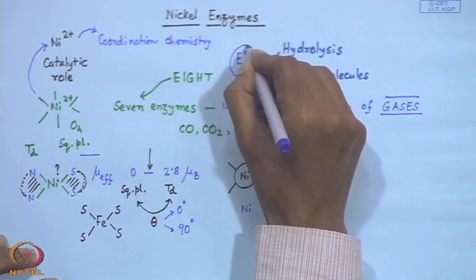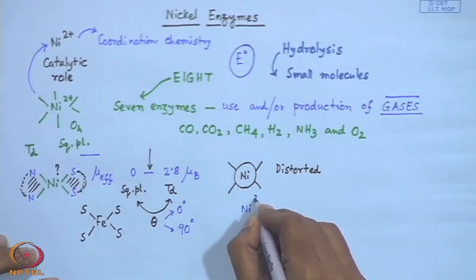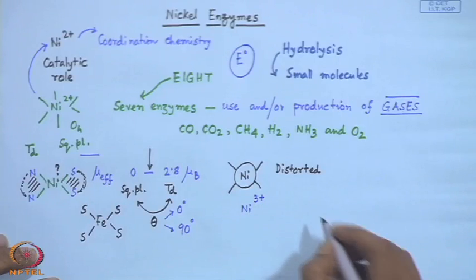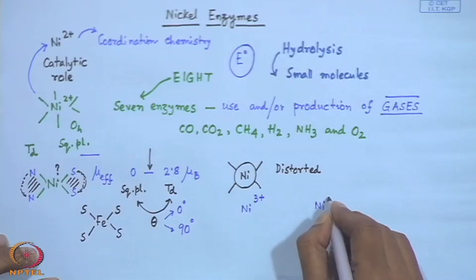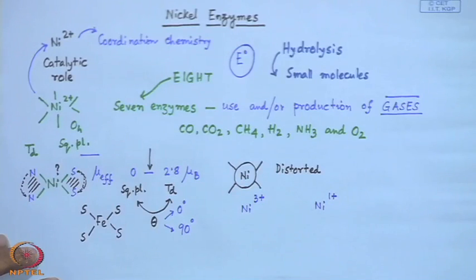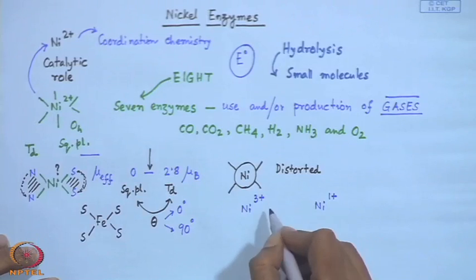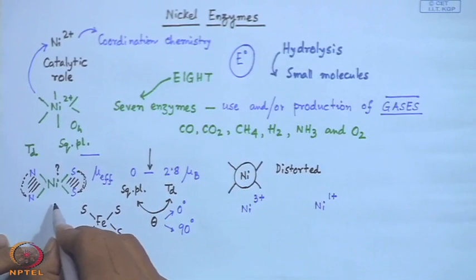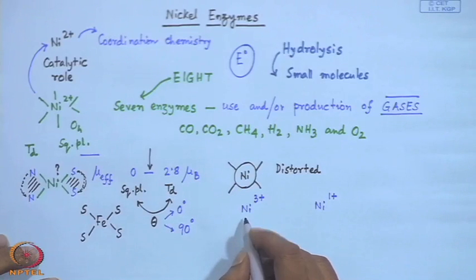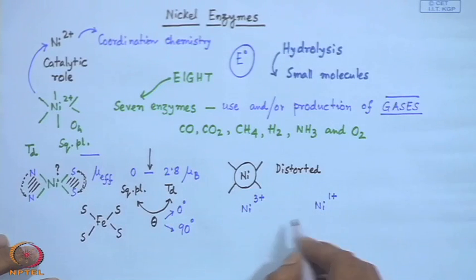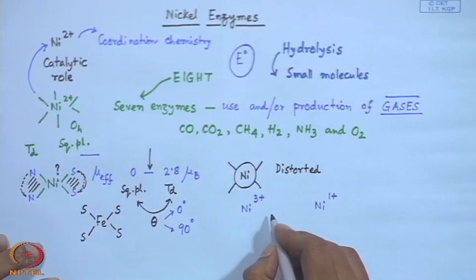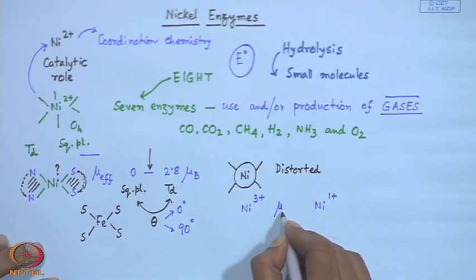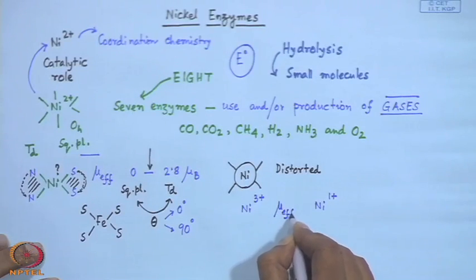But apart from that, because of the nickel's typical corresponding potential, the E0 value, it can go to 3 plus or it can reduce to 1 plus, whether some redox catalysis is operating or not. Like nickel in the bivalent system, this trivalent nickel and monovalent nickel are both paramagnetic also. So, you get a corresponding magnetic moment for identifying these.